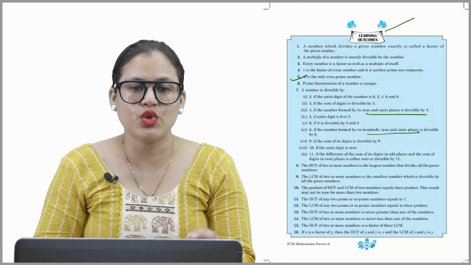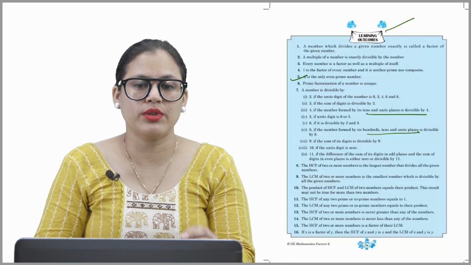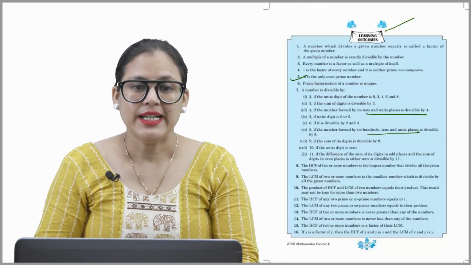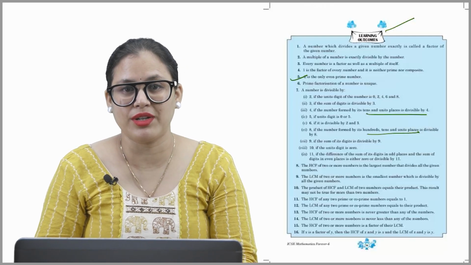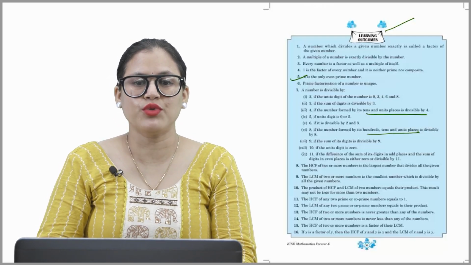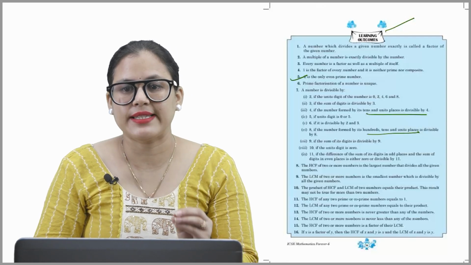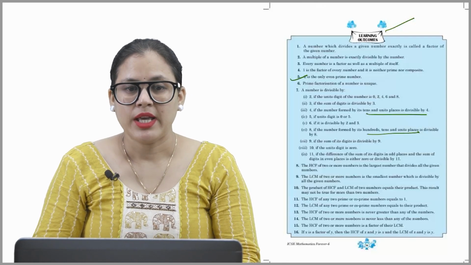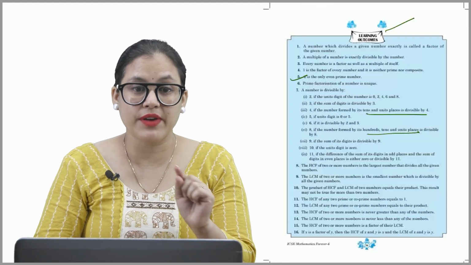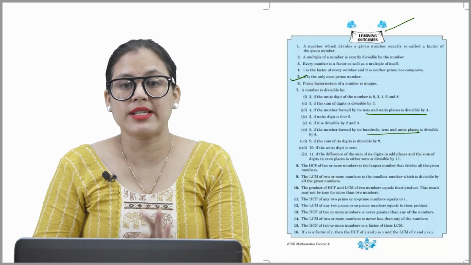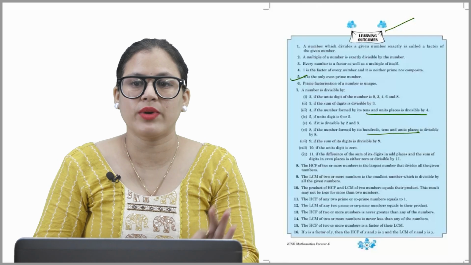The LCM of any two prime or co-prime numbers equals their product. 13. The HCF of two or more numbers is never greater than any of the numbers. 14. The LCM of two or more numbers is never less than any of the numbers. 15. The HCF of two or more numbers is a factor of their LCM. And 16. If x is a factor of y, then HCF of x and y is x and the LCM of x and y is y.